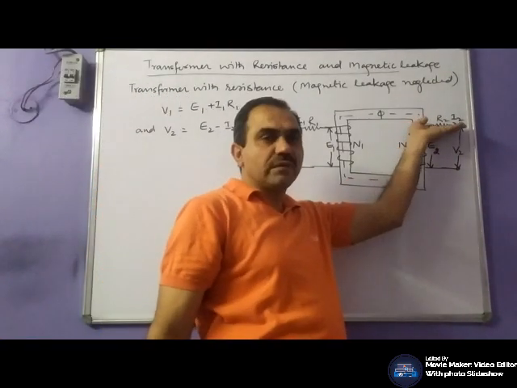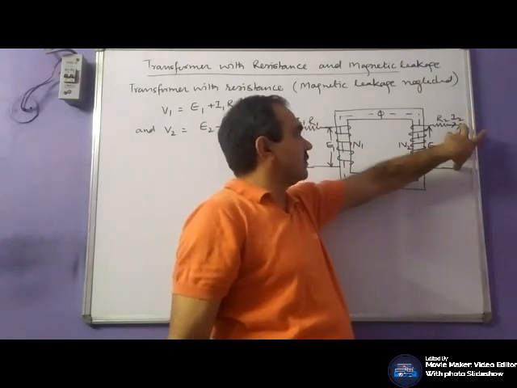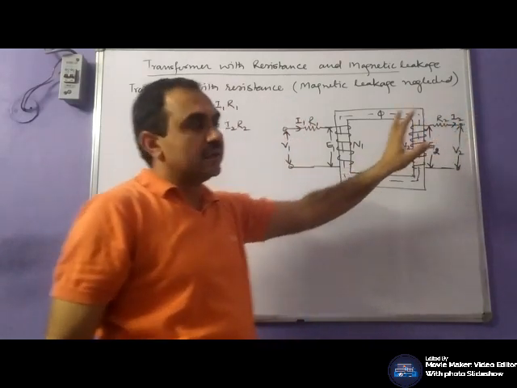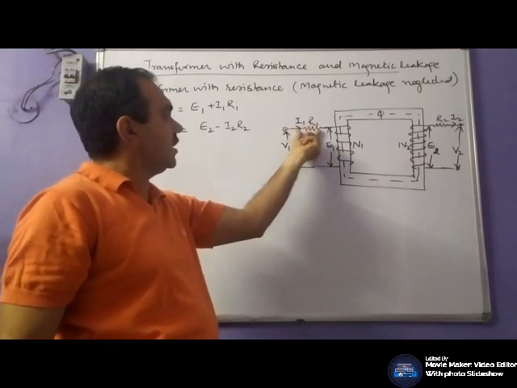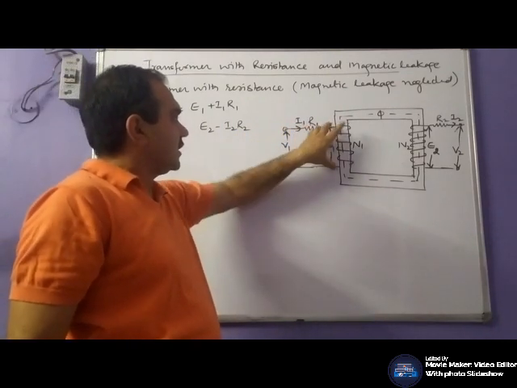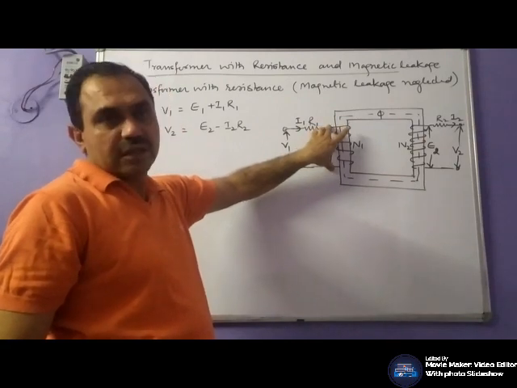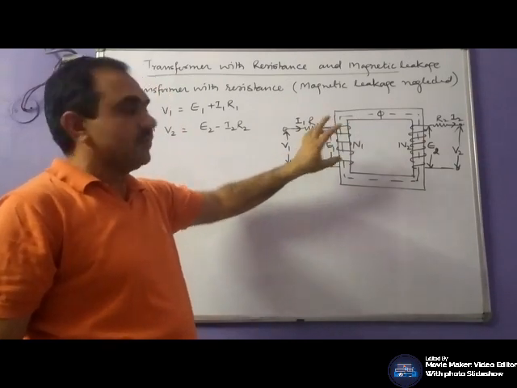This is the drop across the resistance of the winding, and the rest we get across the terminal. We apply the voltage V1, there is a drop across the primary winding, and then E1 will be the back EMF.